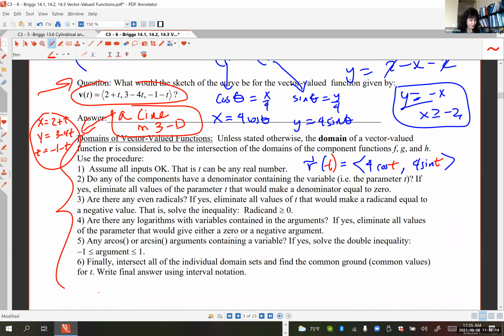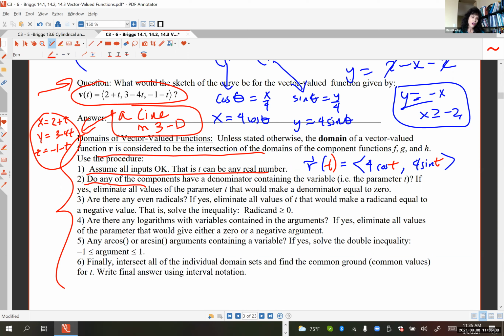You'll see. So first, you're trying to find all the values of time t that the vector valued function is allowed to eat without dying. Okay. So first, just assume all inputs are okay. Assume he doesn't have a restricted diet. He can eat any value of time t that you feed him, negative, 0, positive, whatever. Now, you start to worry with the next few questions. Here's the first question.